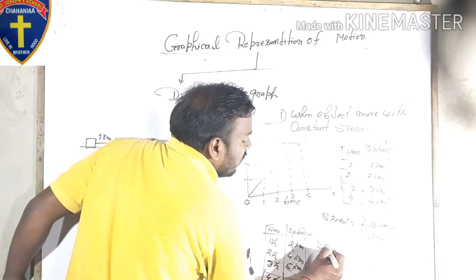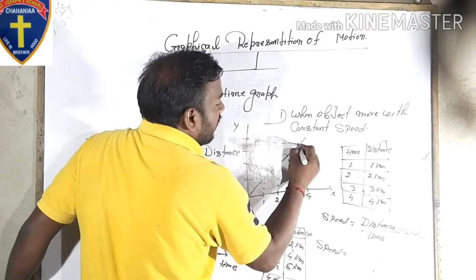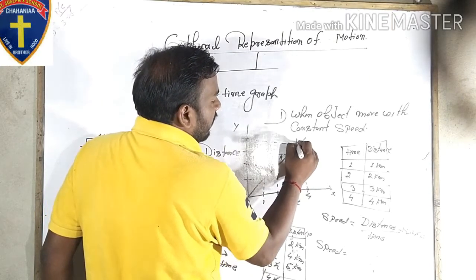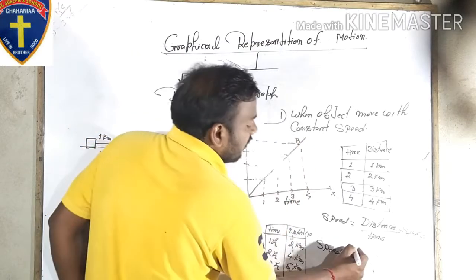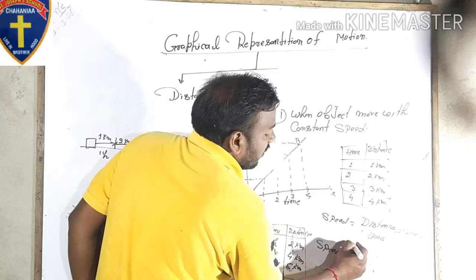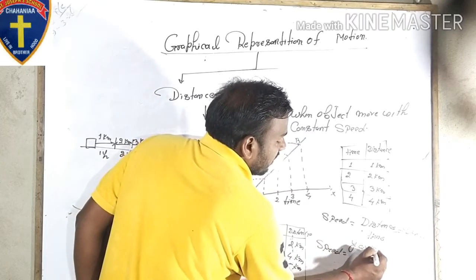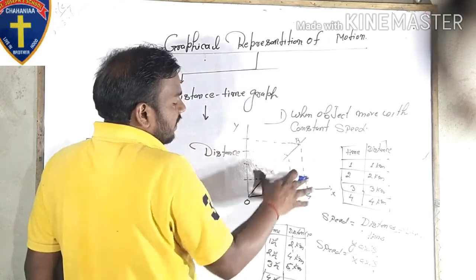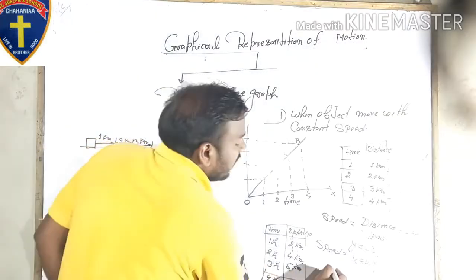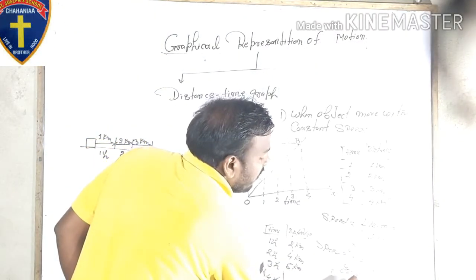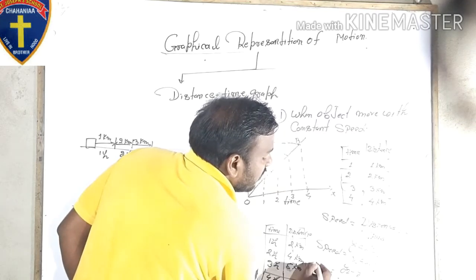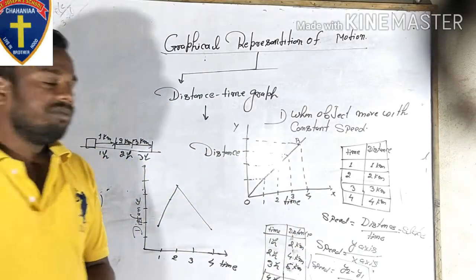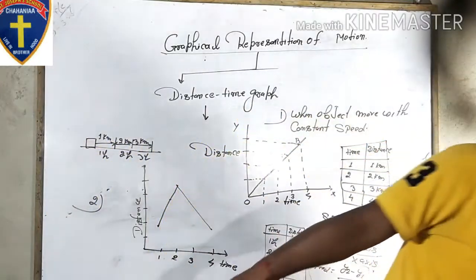We take two points, A and B. So speed is equal to y2 minus y1 upon x2 minus x1, the distance travelled on the y-axis and on the x-axis. That is the speed of the object by the graphical method.